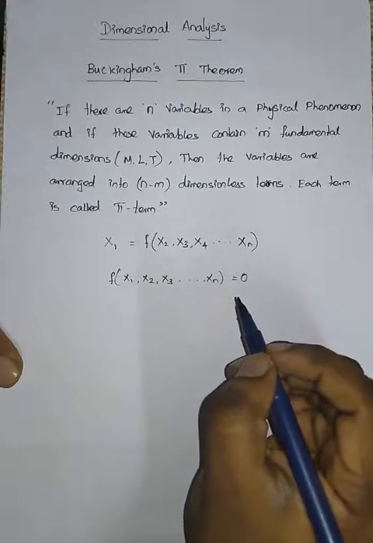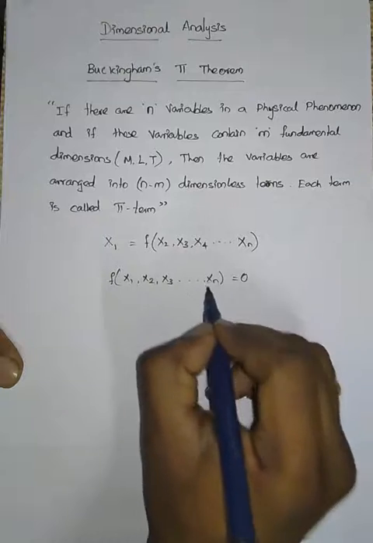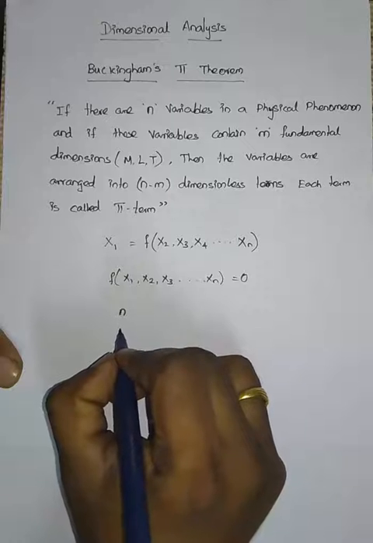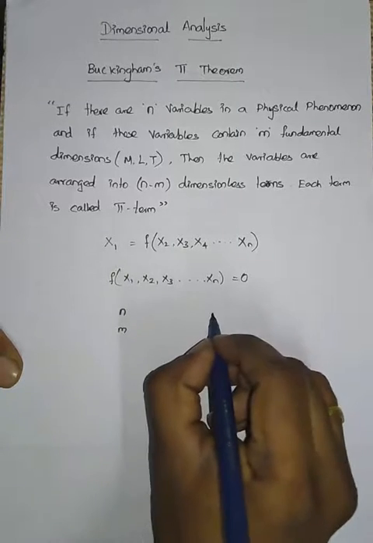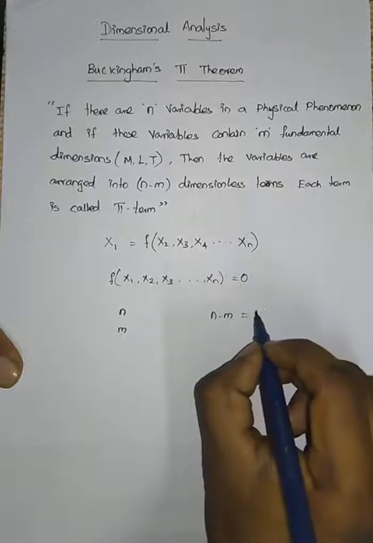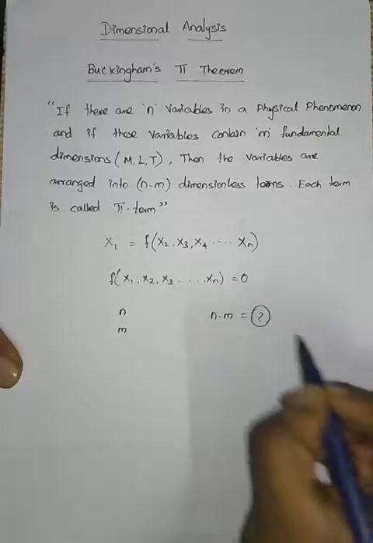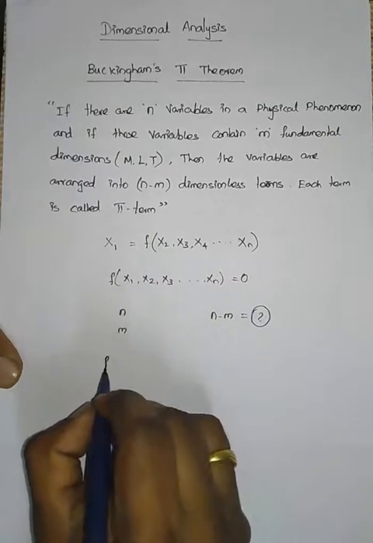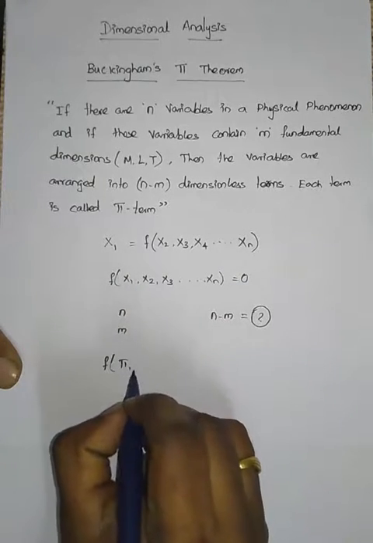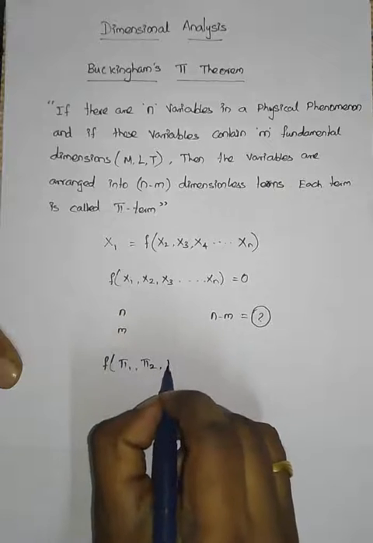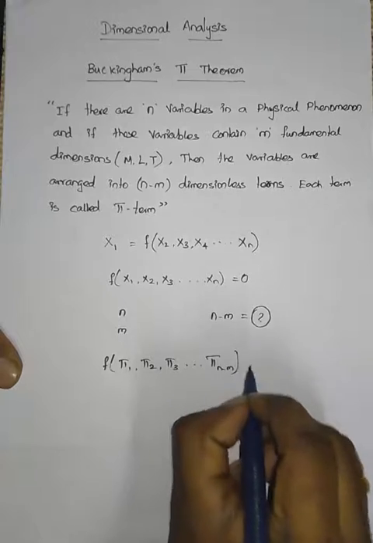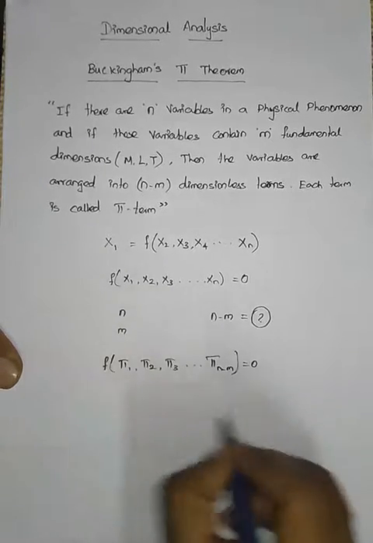Then you have to find the number of variables n, and the number of fundamental dimensions m. Then it is easy to find n minus m. If n minus m is some value, then this equation can be formed into n minus m pi terms, that is pi 1, pi 2, pi 3 up to pi of n minus m, which is equal to 0. This will be the final answer.